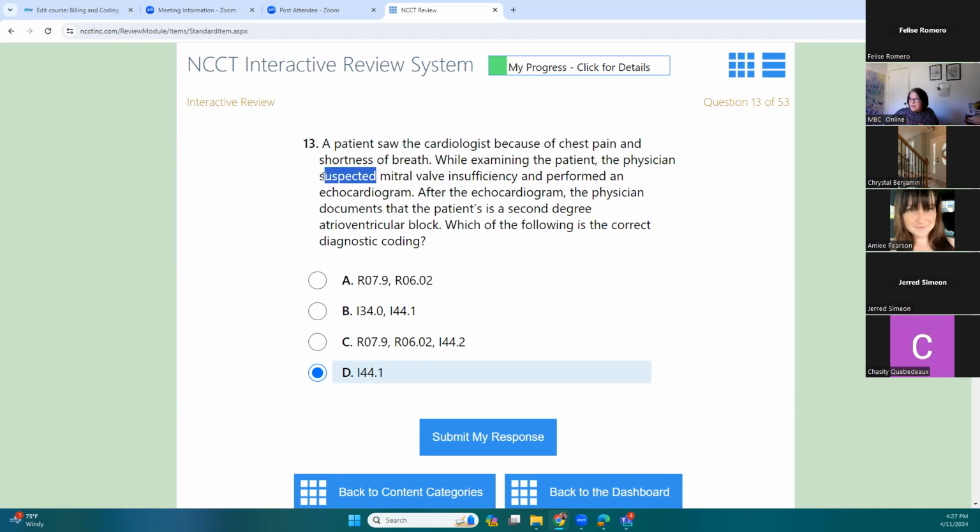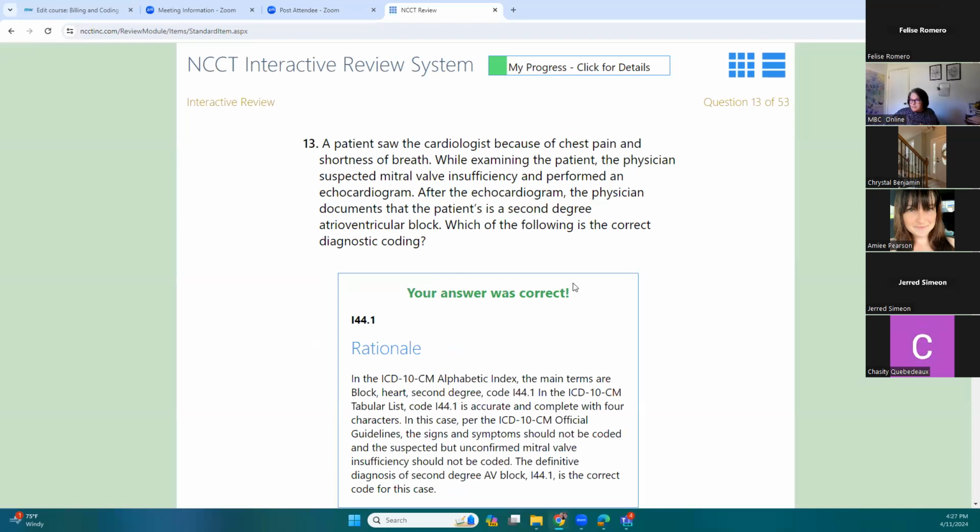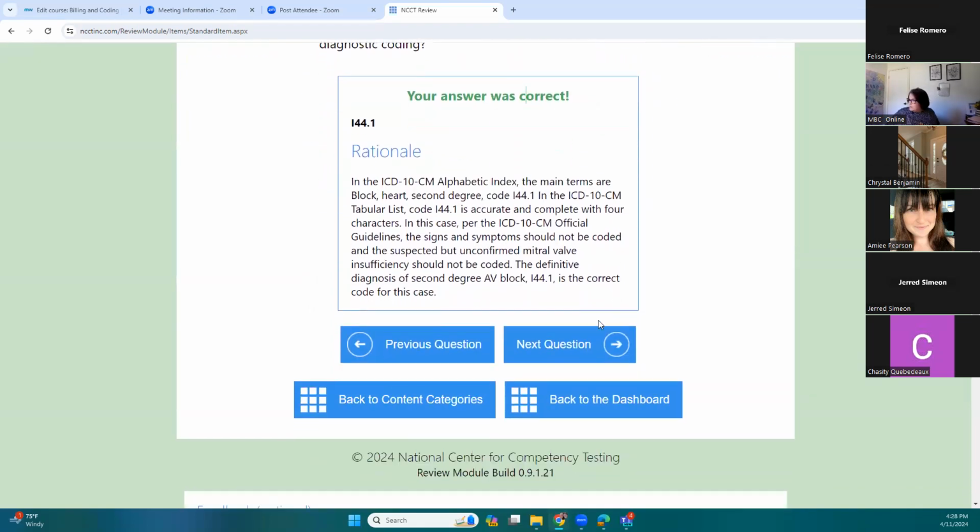See, he just suspected. That's the reason we don't need that code. After the echocardiogram, he just had the block. It wasn't proven, so it's not part of the diagnosis. He had the echocardiogram, and this is what he has. But still, not a bad job.